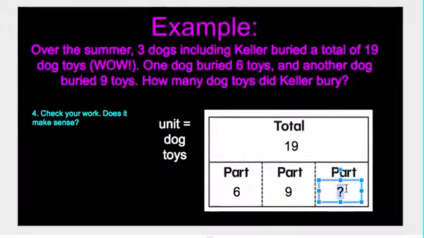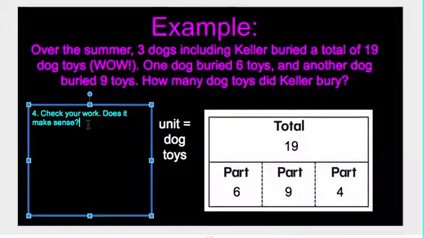Let's go ahead and check our work and see if it makes sense. If you remember, the first thing we had to do was add our 2 addends together that we knew. So we did 6 plus 9, and I'm just writing number sentences now, is equal to 15. Then the second thing we had to do was subtract the sum of the addends that we had added together from the total.